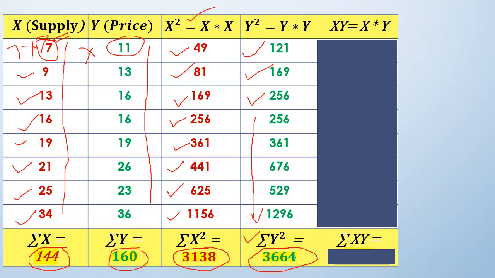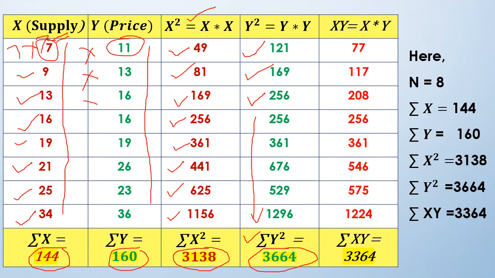We take each number the same way: 9 into 13, 13 into 36, and so on. So we calculate 77, 170. This is the product of x and y, and the summation xy is equal to 3364.